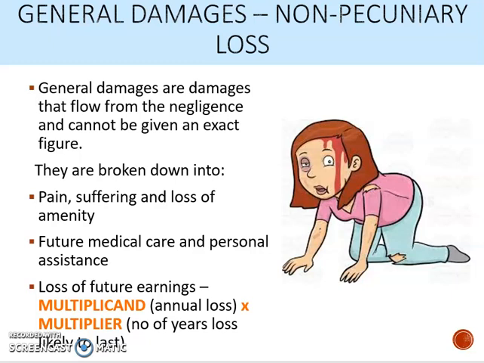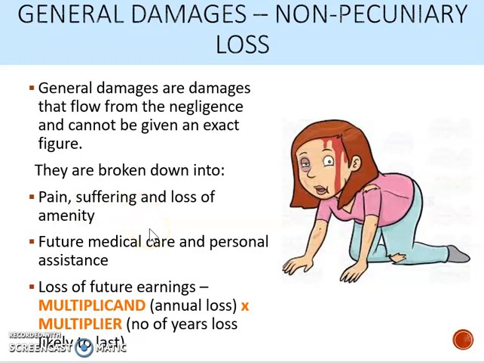They can't be quantified at the time of trial, and they are more prospective in nature. General damages and non-pecuniary loss are broken down into pain, suffering and loss of amenity, and you can see why this is difficult to put an exact figure on. Because how do you quantify a figure for pain, suffering and loss of amenity? That's very difficult to do.